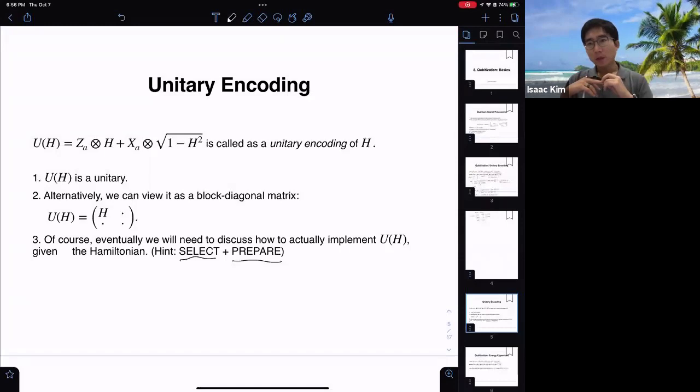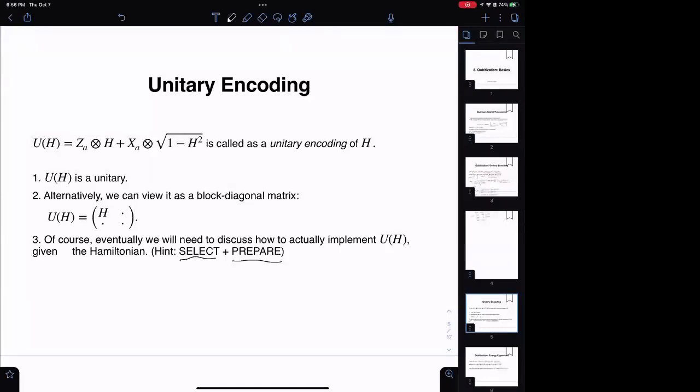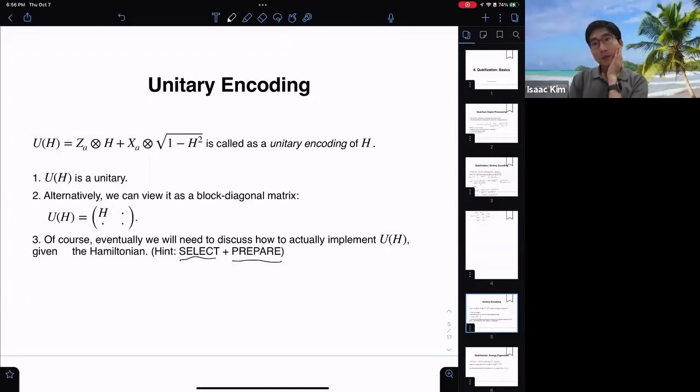Some people might have known it, but I don't know where this appeared before these works started appearing. So this really started showing up in the context of the qubitization scheme, to the best of my knowledge, but it could have appeared elsewhere.